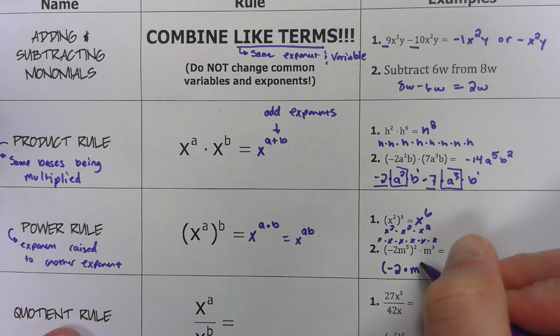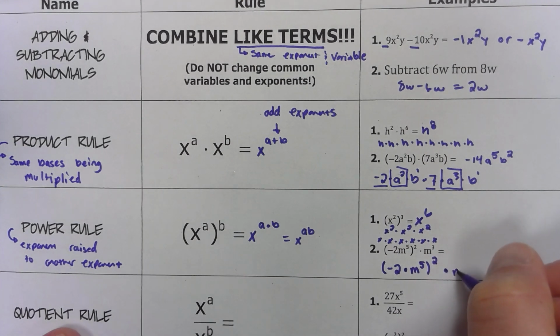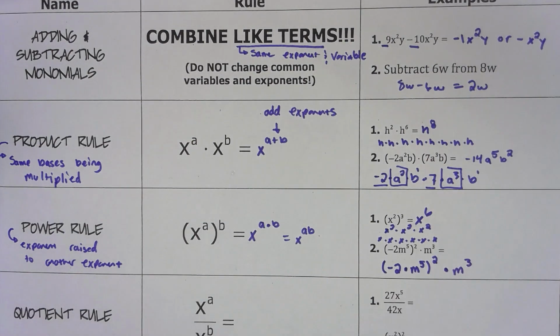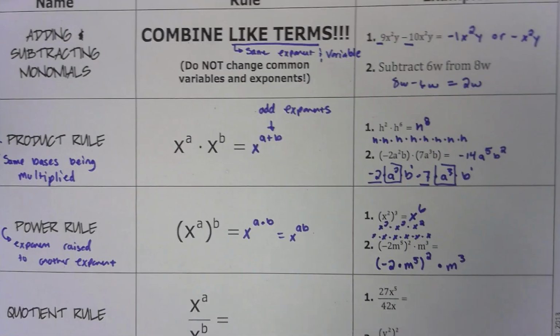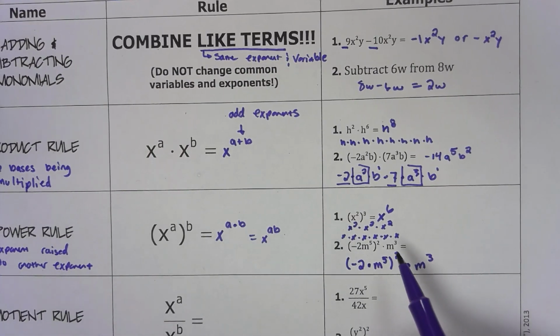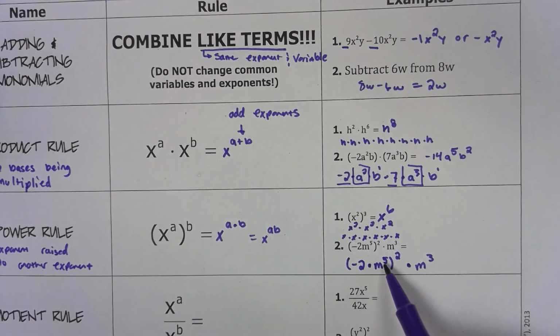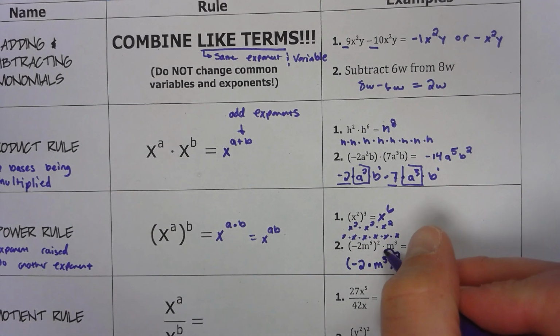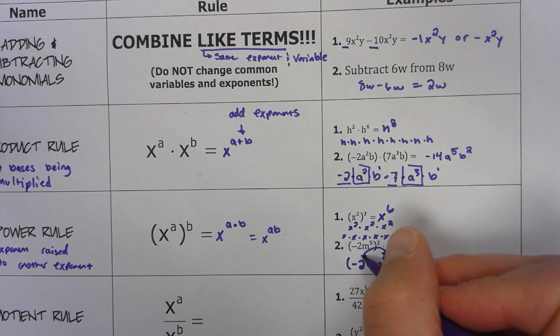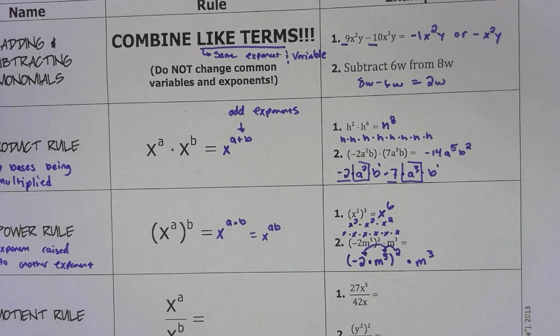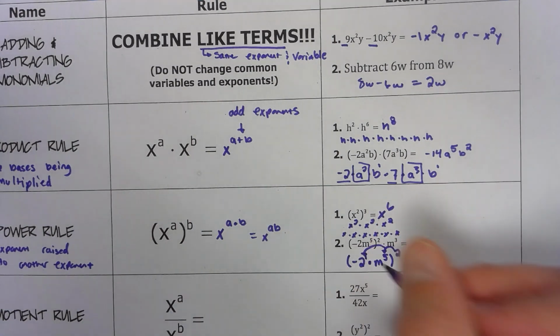So -2 times m to the 5th, all that is being squared, and then times m cubed. So really what is going to happen here, this exponent of 2 is going to multiply to the 5 to give us m to the 10th, but it also multiplies to the exponent on the -2. That -2 has an exponent of 1.